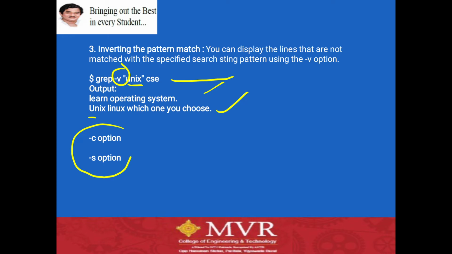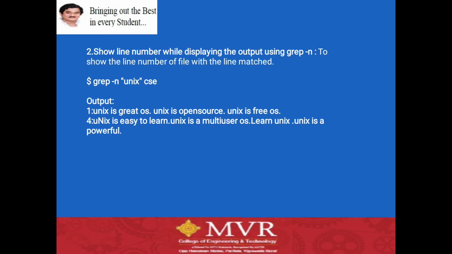And as I said, the other two options, minus c and minus s: minus c is only used to count the number of lines which are matching, and minus s, as I said, is a silent mode option. So in this way grep works.